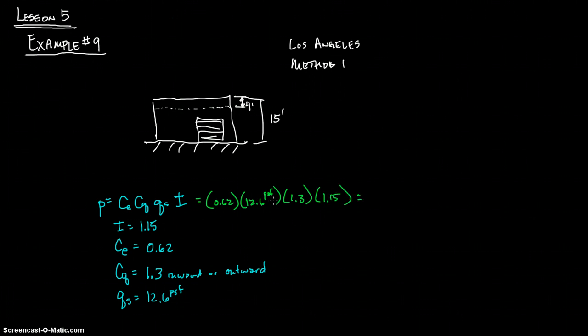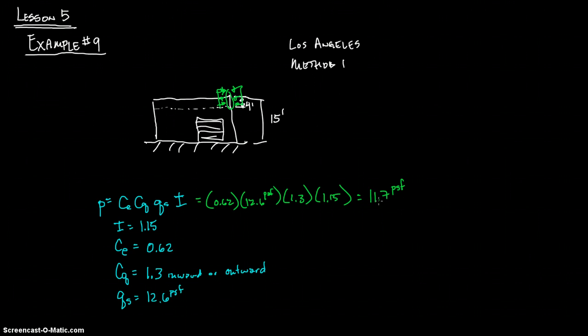That is just for the parapet right here, and it can act this way or this way. It's up to you to figure out which way is going to be the worst. Let's get the calculator out. It's 0.62 times 12.6 times 1.3 times 1.15 equals 11.67. We'll say 11.7 psf.